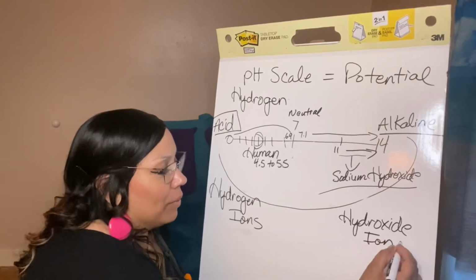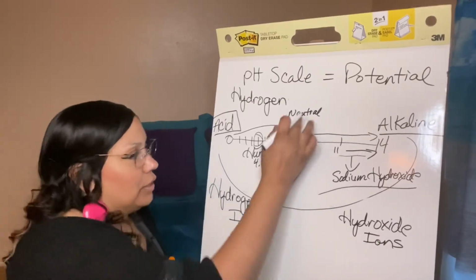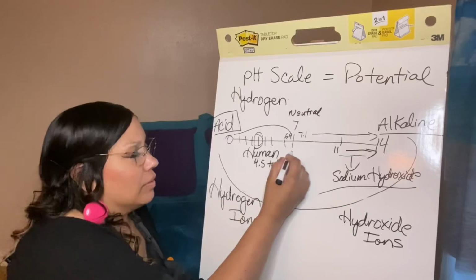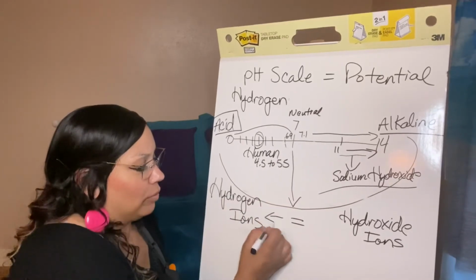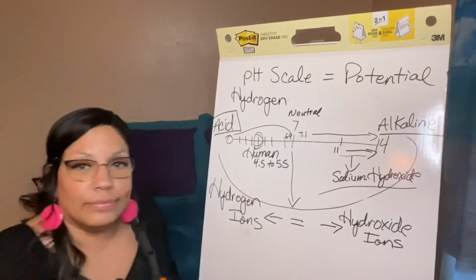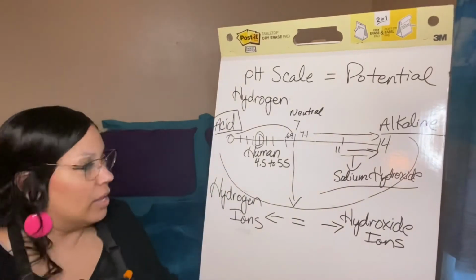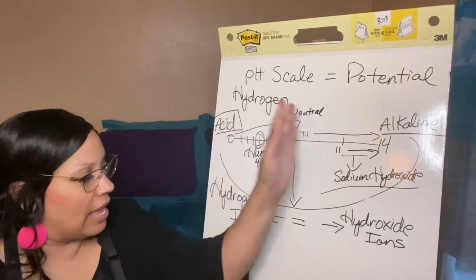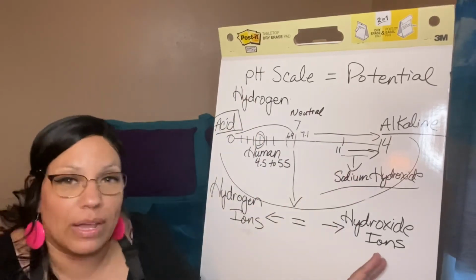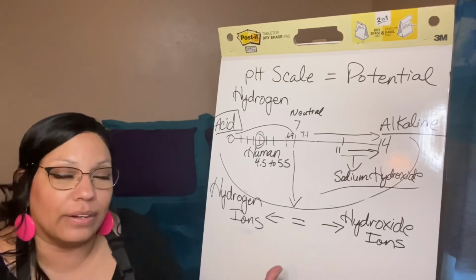And now remember, the neutral part, where it's 7, has equal amounts of both, right? So when it's neutral, it's got the same amount of hydrogen and same amount of hydroxide ions in there.